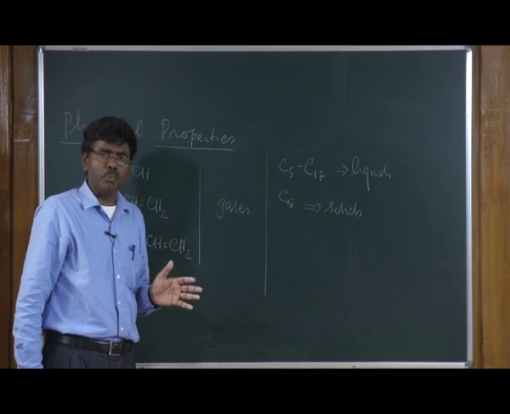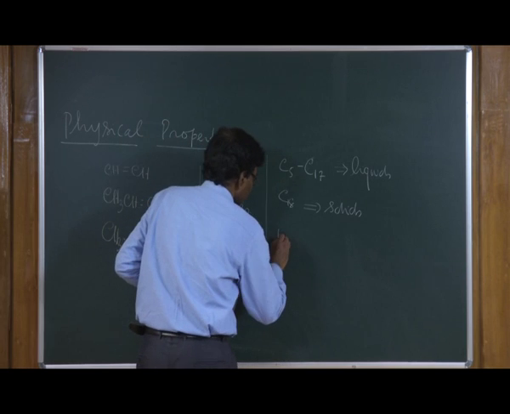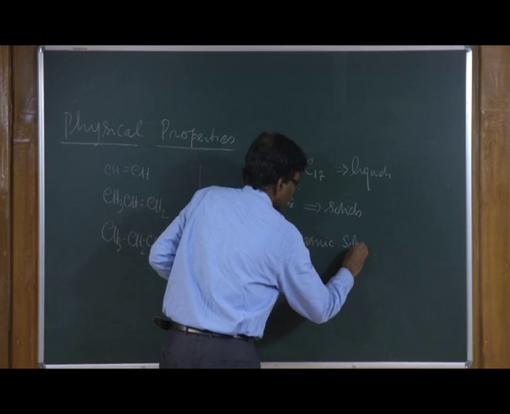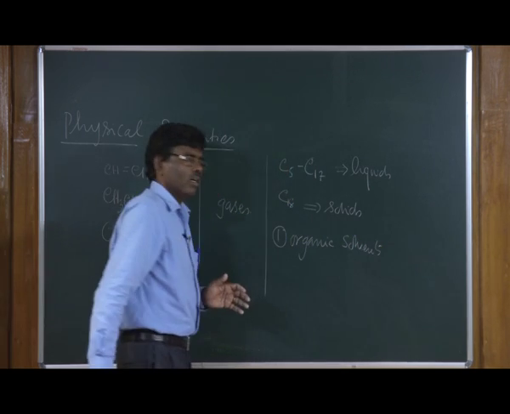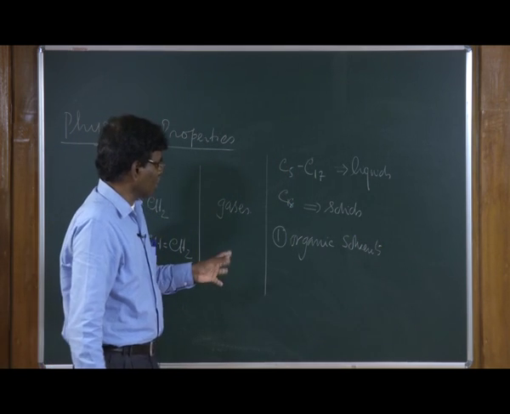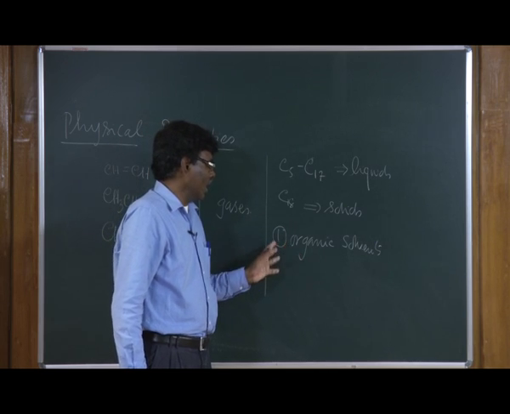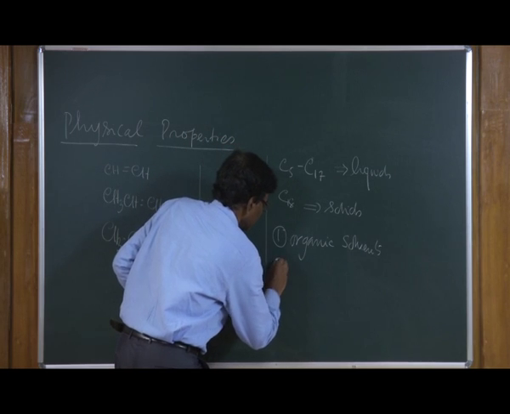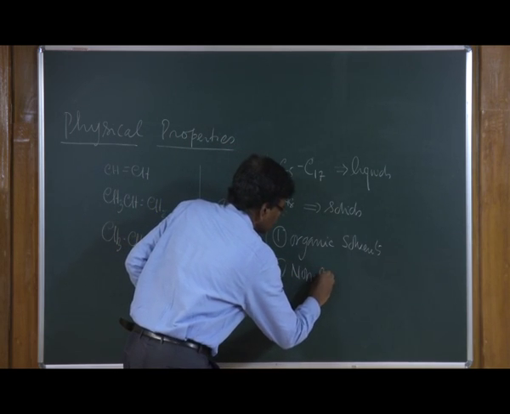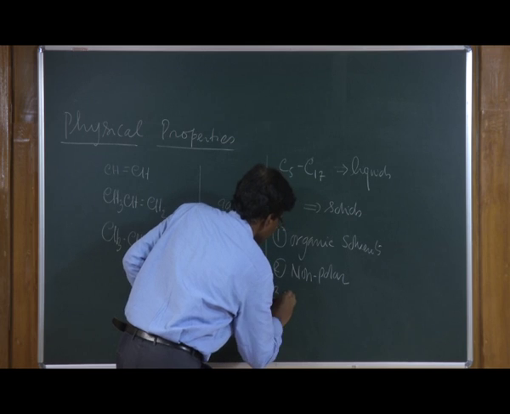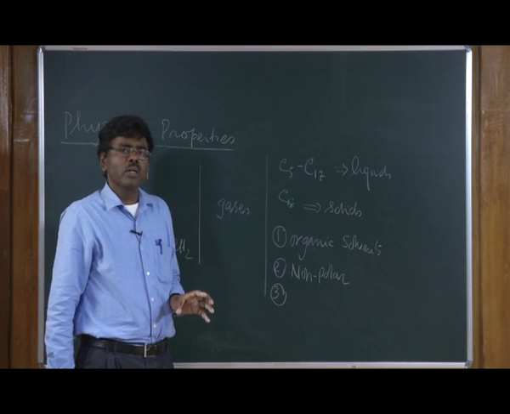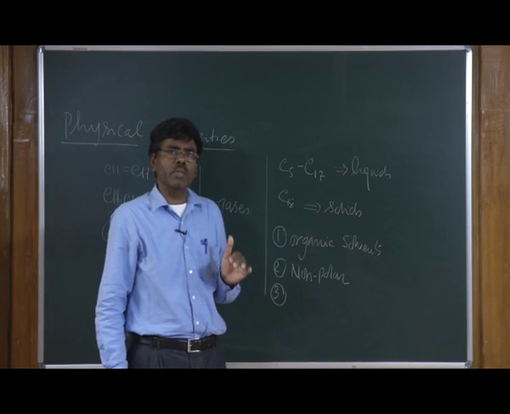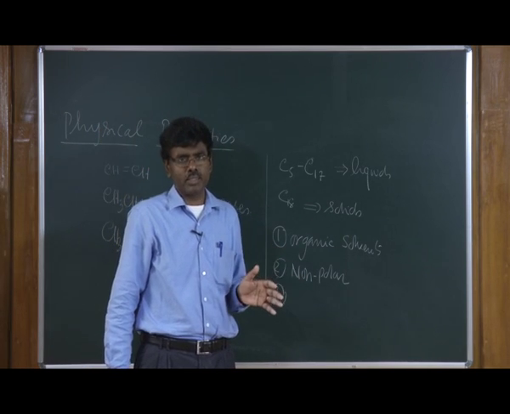Alkenes are nonpolar compounds. They are well soluble in organic solvents like chloroform, THF and so on, and less soluble in water. So, nonpolar compounds. When you talk about melting and boiling points, when you increase the molecular weight of the alkene, the melting and boiling points increase.